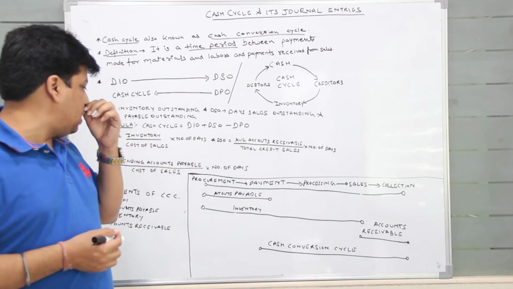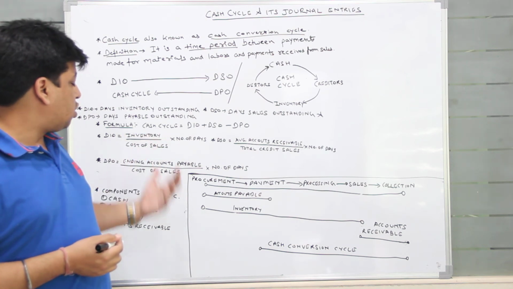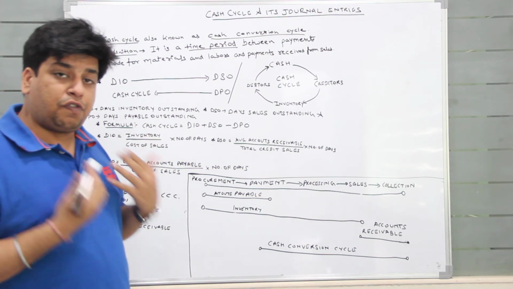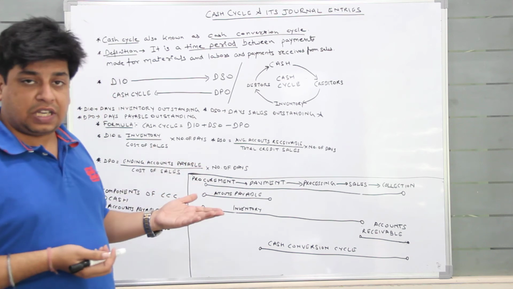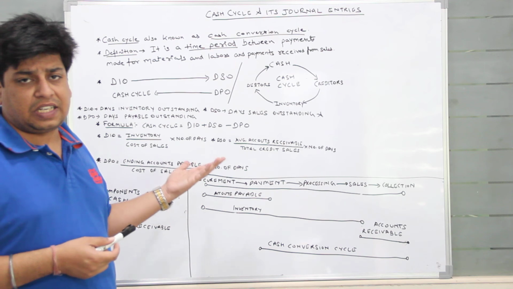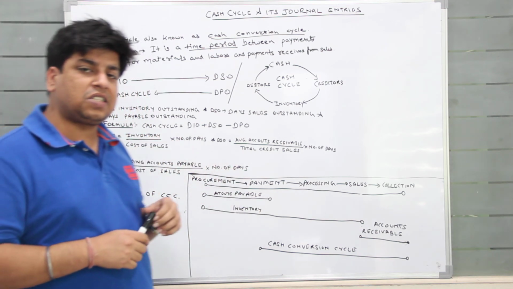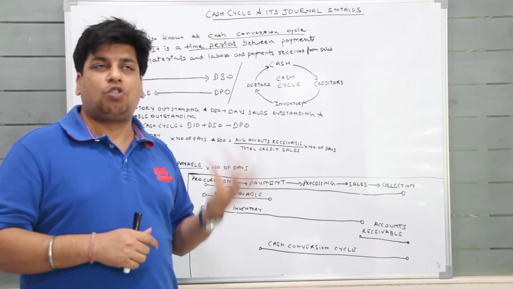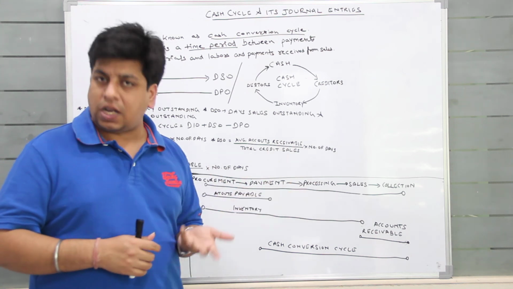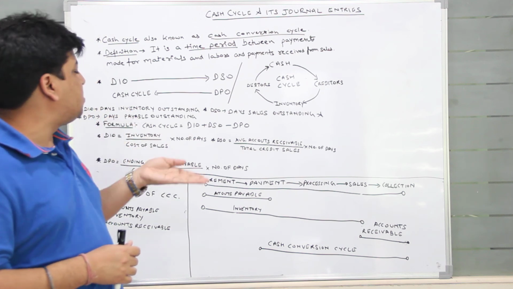So let's say our inventory is coming to be 1 lakh and our cost of sales is 4 lakhs, into number of days 365. For easy calculation, we can take it as 364 as well. So this should be 1 by 4 of 364, that is close to 91. So 91 days would be the days inventory outstanding.